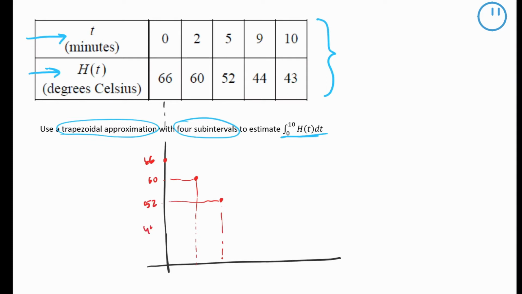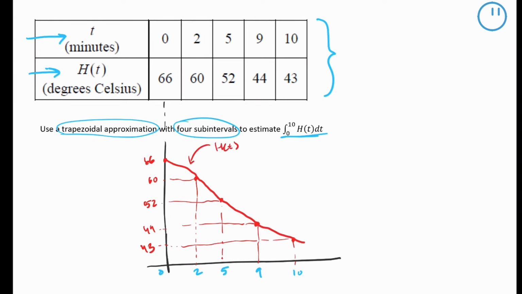We're at 44 at the next data point, which is at 9. And then we're at 43 at 10. The values on the x-axis are 0, 2, 5, 9, and 10. And so our function h of t is going to look something like this. It'll be downhill. This is h of t.